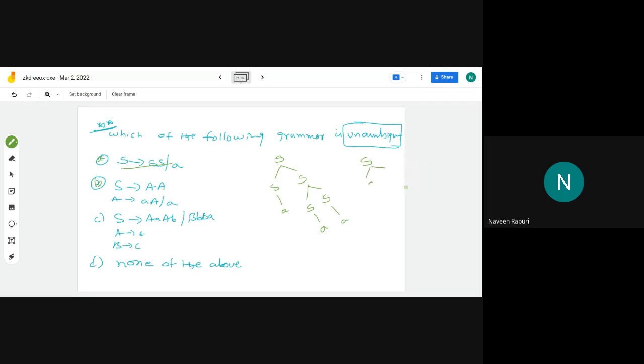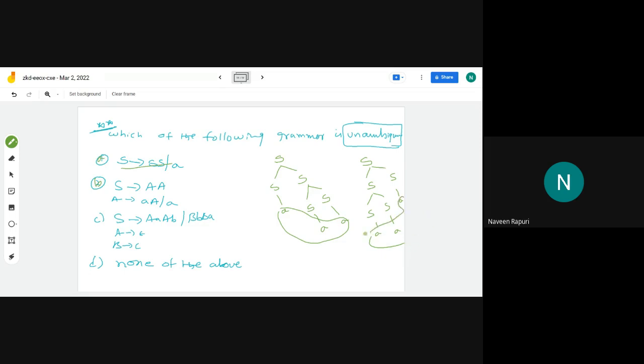For S, I take S and S, and the first is replaced with A. Both are accepting the same string AAA, but the structure is different.